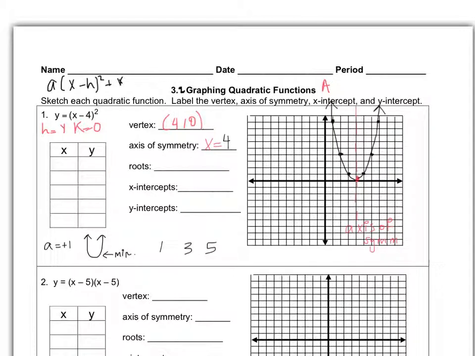Now, what are the roots in this case? The roots basically are where the graph touches or crosses the x-axis. As you can see, my graph touches the x-axis only in one point. So that's going to be my x-intercept. My x-intercept is, in this case, the vertex. And since your graph is bouncing off the x-axis, this is going to be a double root.